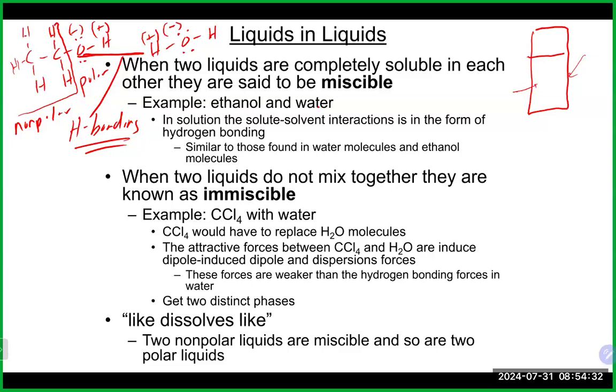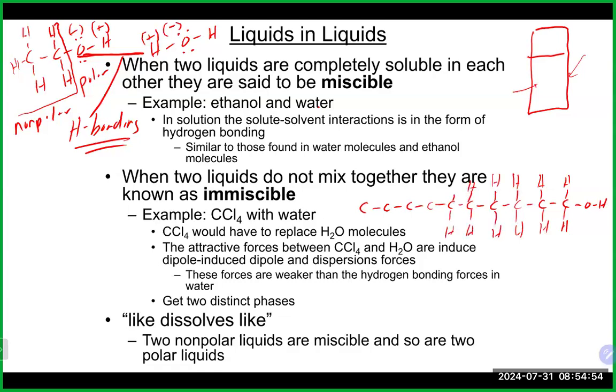So, for example, if you took something that had a lot more carbons than what ethanol has, and these are all just hydrogens and carbons, the problem with something like this is that it's really long.